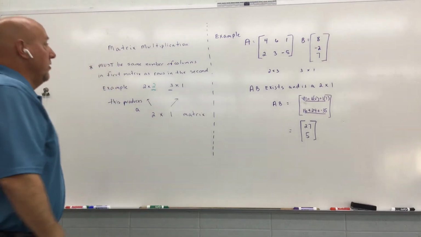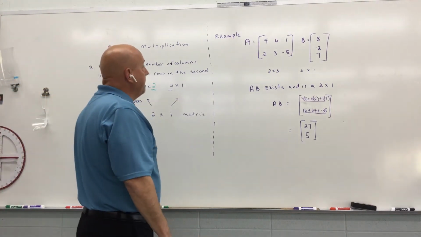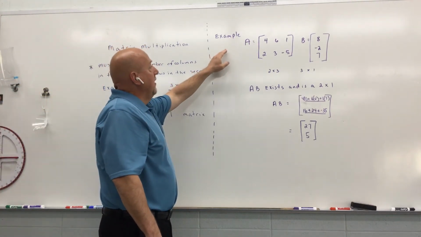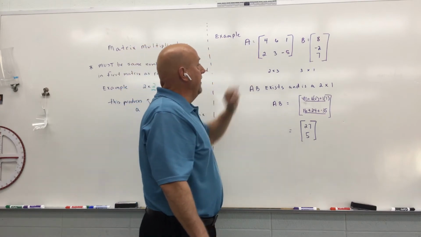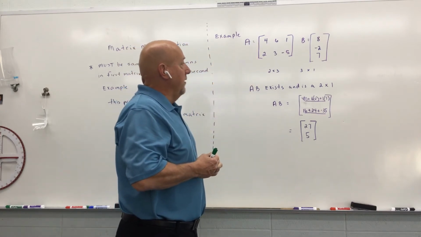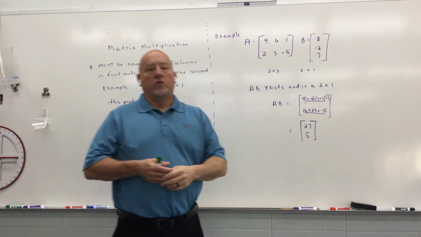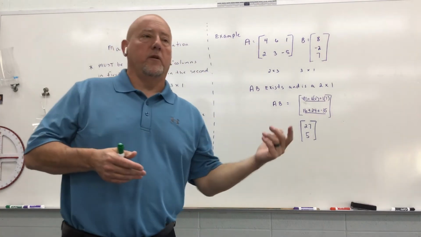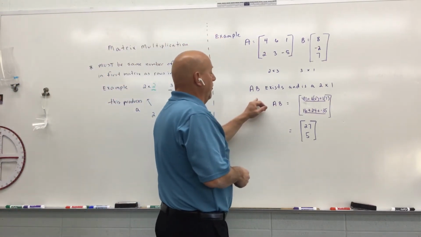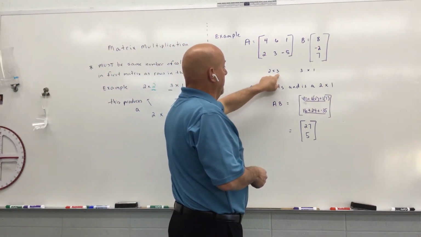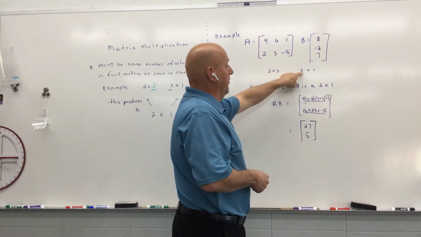Okay, so over here I have an example, and my example is going to be I have a 2 by 3 matrix A and a 3 by 1 matrix B. So the first thing I have to do is determine, does the product exist? And the product will exist because the columns here match up with the rows here.